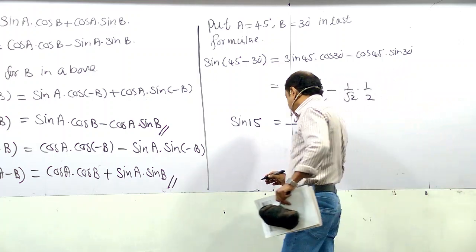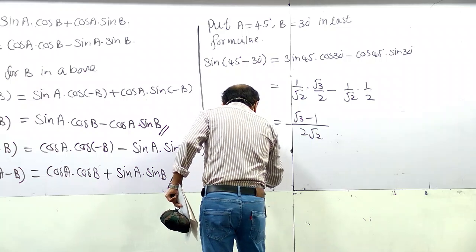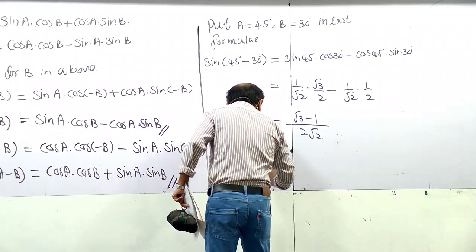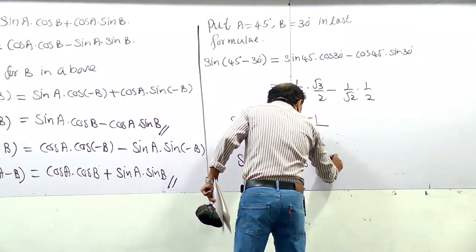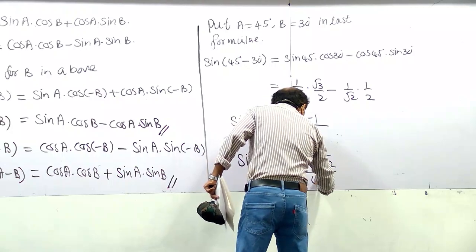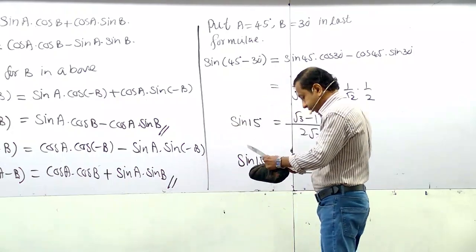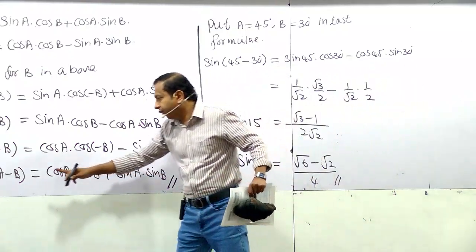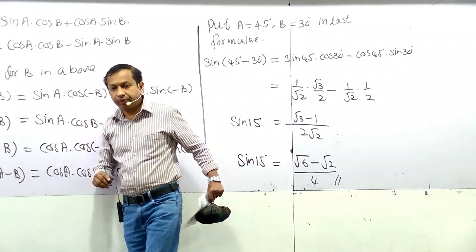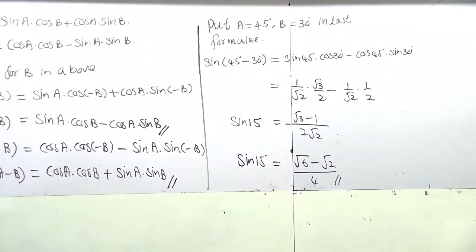So sin 15 is root 6 minus root 2 divided by 4. Right, now here put A 45, B 30, then we get cos 15.